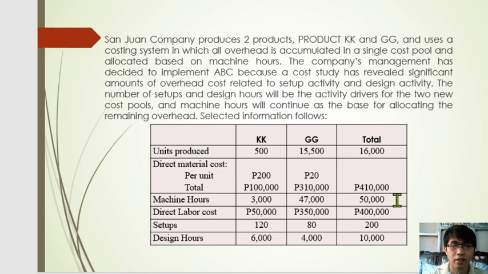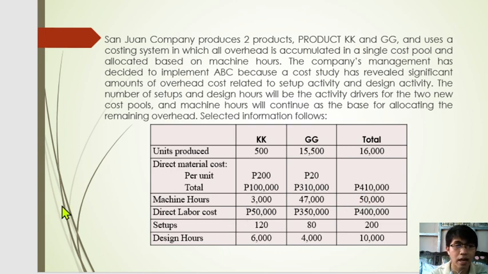So, that's it. For your answer, you just add the direct material cost of each product, KK and GG. For example, for KK, the direct material cost is 100,000. Machine hours, 3,000. The direct labor cost, rather, is 50,000. Plus the overhead allocation, 1.5 million times 3 over 50.